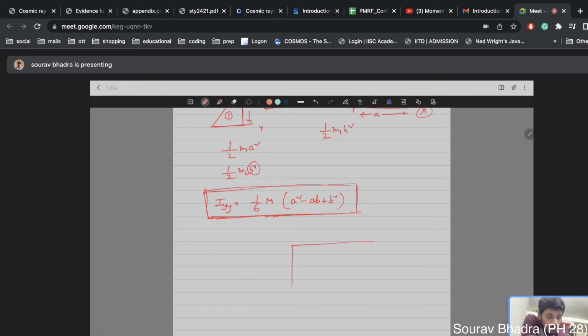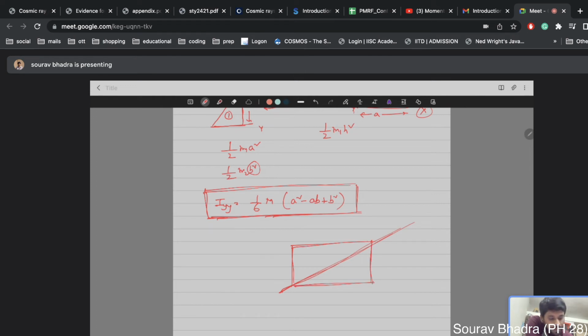Now if you are given a rectangular lamina and this is the center, and you are asked what is the moment of inertia about this line. You can do it very easily, because it is nothing but the sum of two rectangular laminas, one on the upper side of that line and one on the lower side.